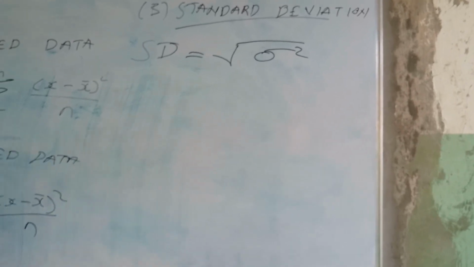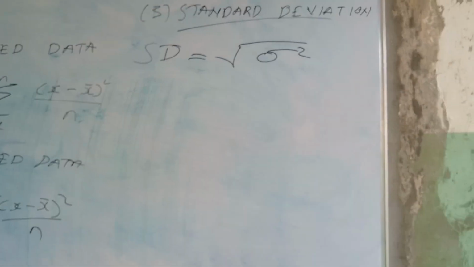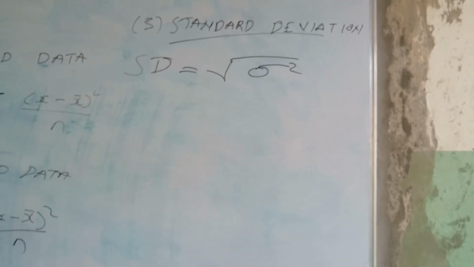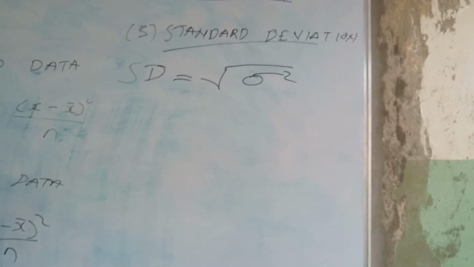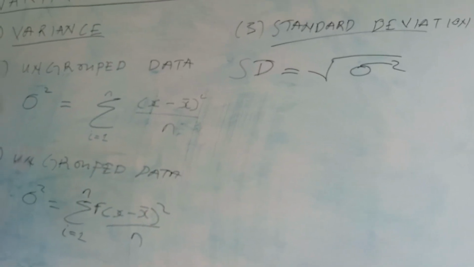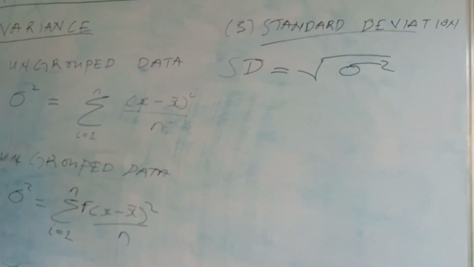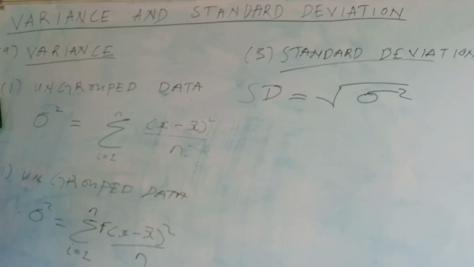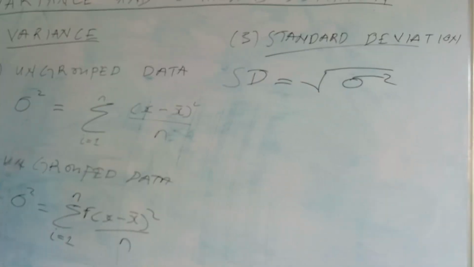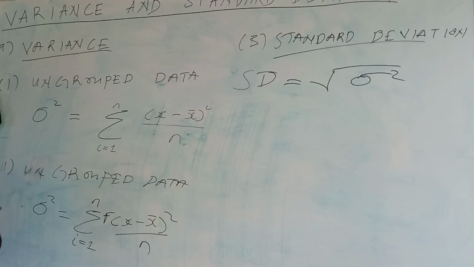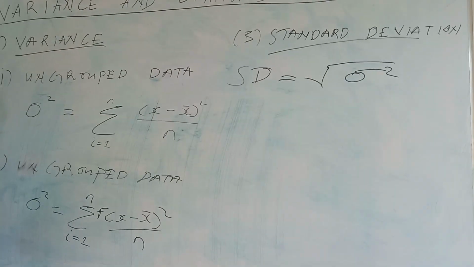There are two points that you need to take into consideration when you look at standard deviation and variance. If the number is small, that means the data set and the mean are close to each other. But if the number is big, that means the data set and the mean are not close to each other. So let's take into consideration an example.